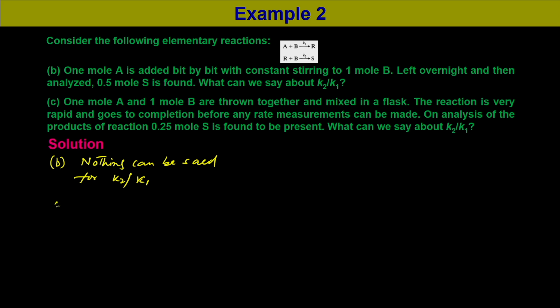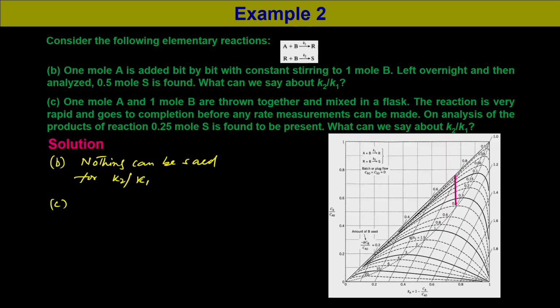Now, if you consider case C, 1 mole of A and 1 mole of B are thrown together and mixed in a flask, the reaction is very rapid and goes to completion before any rate measurement is made. It is given that 0.25 of S is formed.